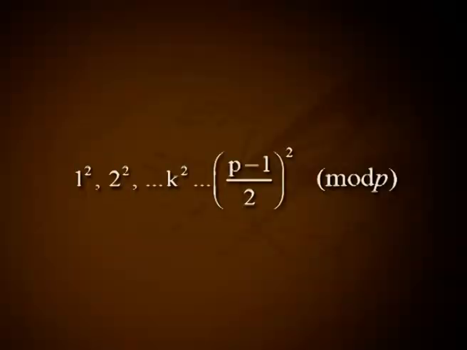To find quadratic residues mod p, we should find the integers 1 squared, 2 squared, etc., k squared, etc., ((p minus 1) by 2) whole squared mod p. Example 2. Let us find quadratic residues mod 17.